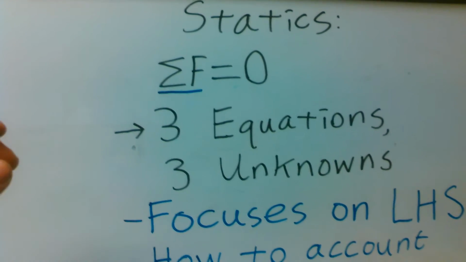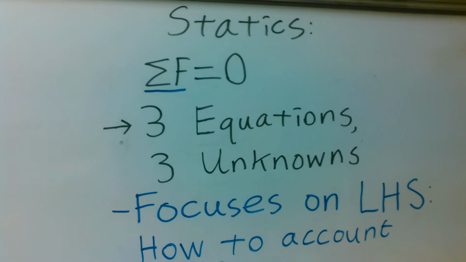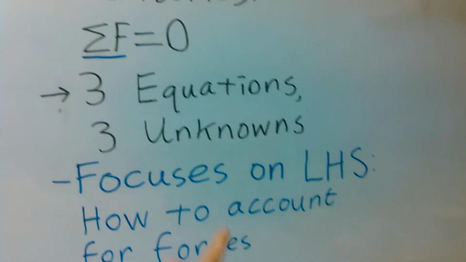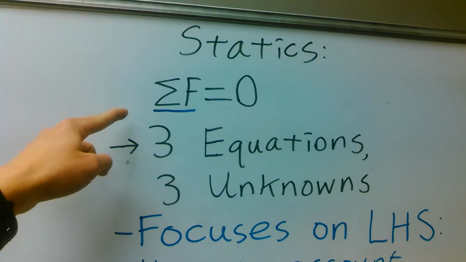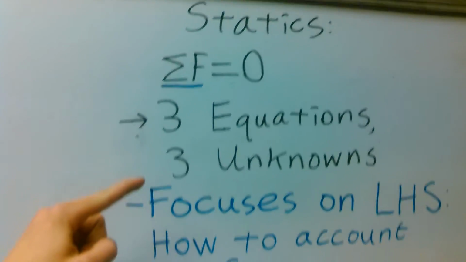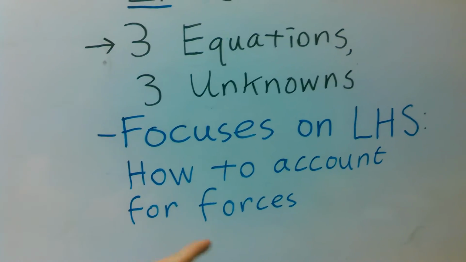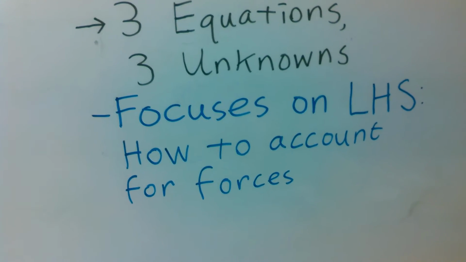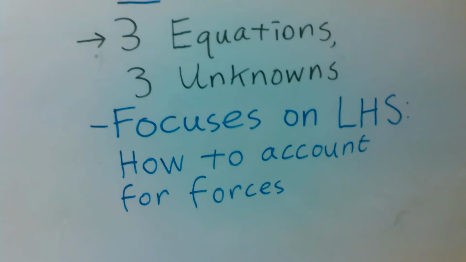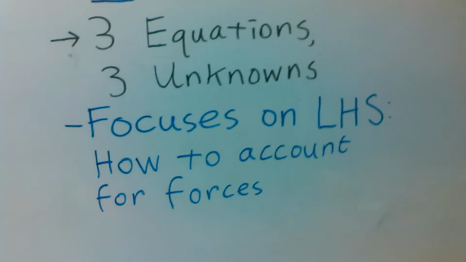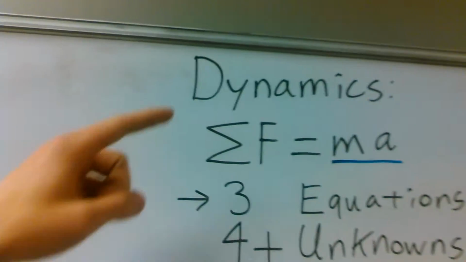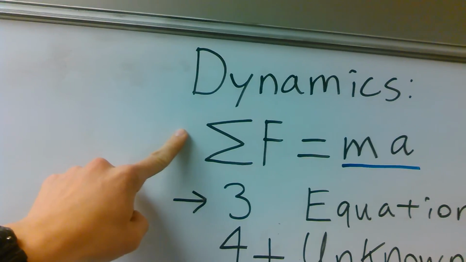So statics focuses you on the left-hand side of the sum of the forces equation and how to account for forces of various kinds, whether it's friction, tension, springs, trusses, you name it. In dynamics, however, the sum of the forces no longer equals 0.